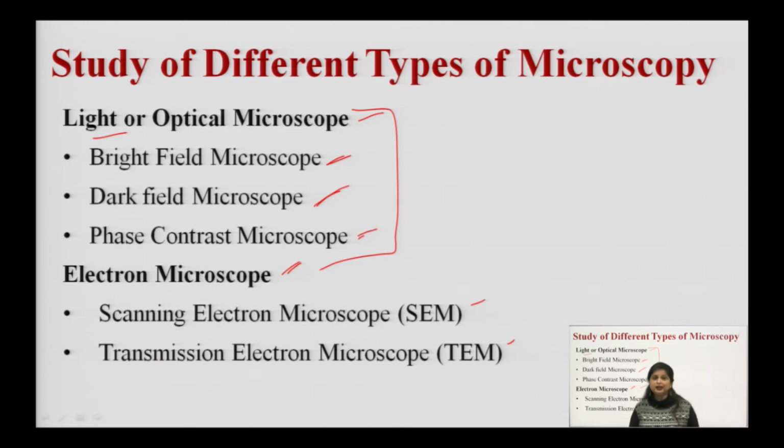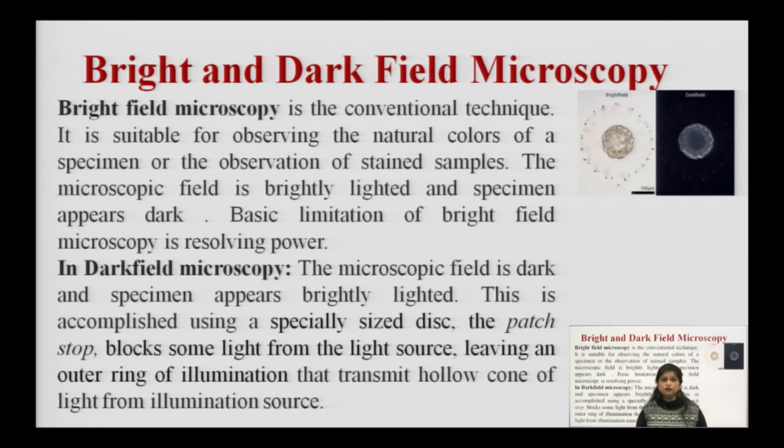Now, what is the principle of bright field microscopes and how does it work, what are their construction parts, what is their working, what is their procedure, how can we analyze our sample using the microscopes, and what advances have been made within dark field and phase contrast to overcome the limitations of bright field, that we will deal with in this lecture. So, first of all, bright and dark field microscopy.